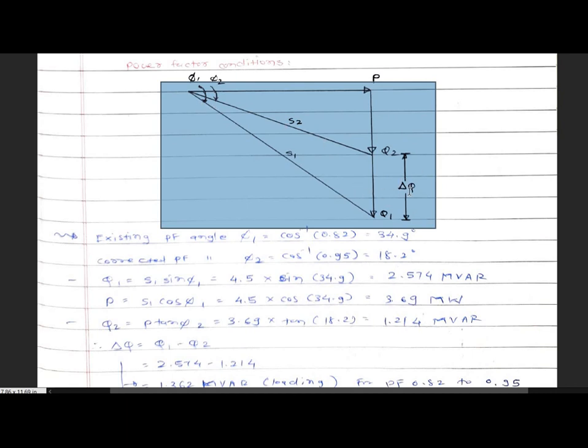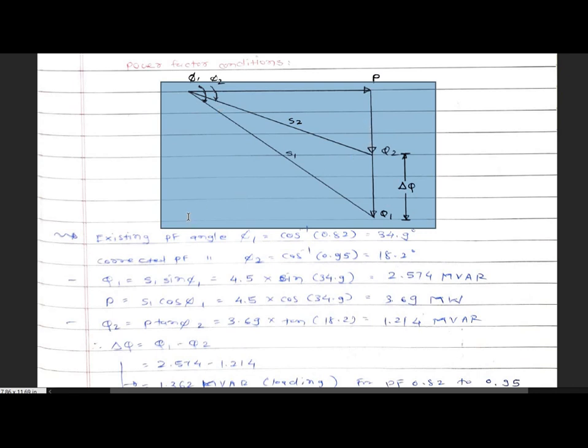Now by supplying delta Q reactive power in leading form, the reactive power becomes lesser and its value is Q2, and corresponding value for the apparent power is S2. The P remains constant in both the cases.